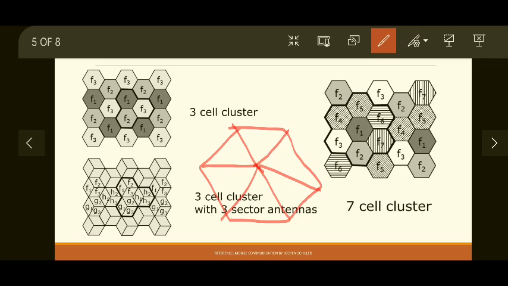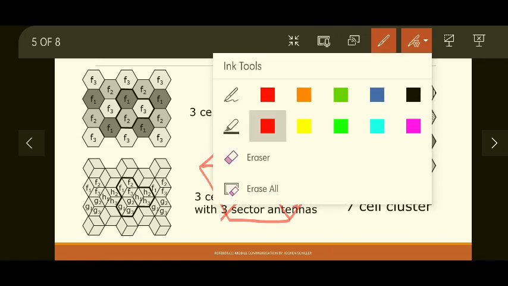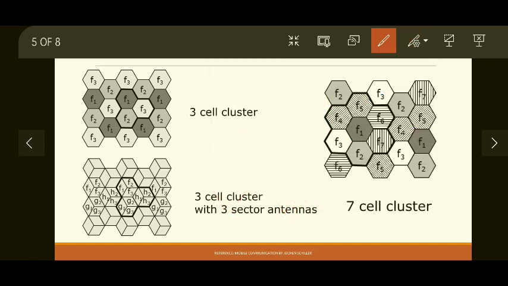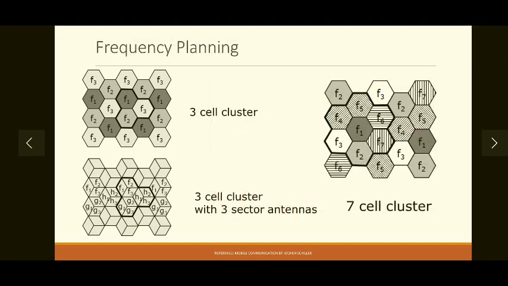So this is a 6 sector antenna or 6 sectored cell. For that you have to use a sectorized antenna. Each will be using a different group or set of frequencies, f1, f2, f3 and so on. But let's not get into detail on that because this is just an introduction. So you can see from the diagram each one is using a different group of frequencies.